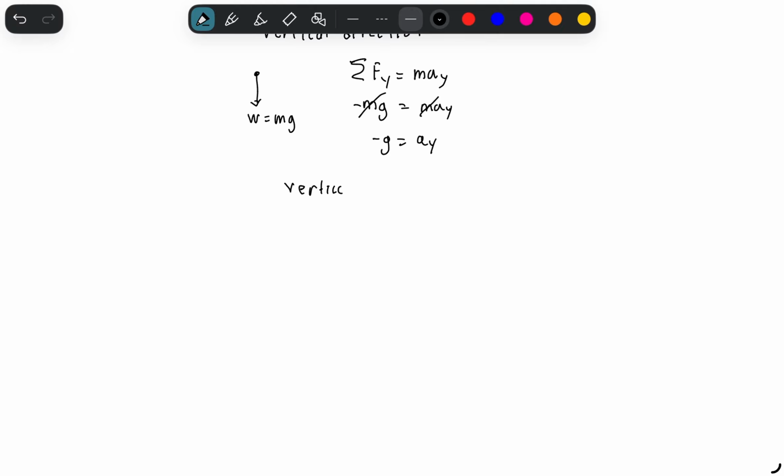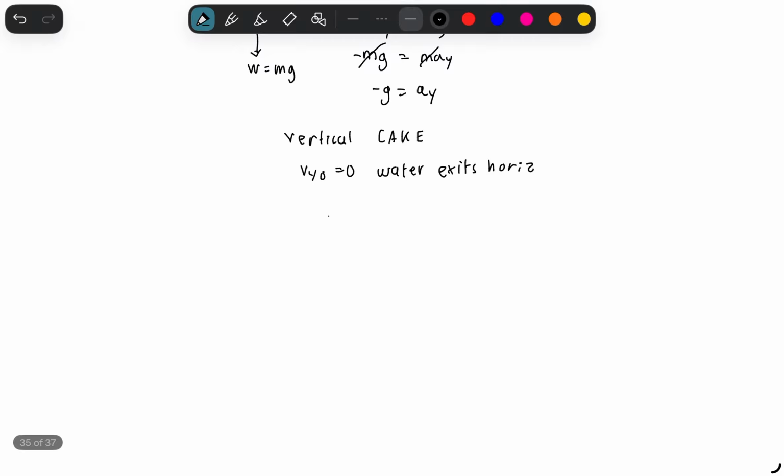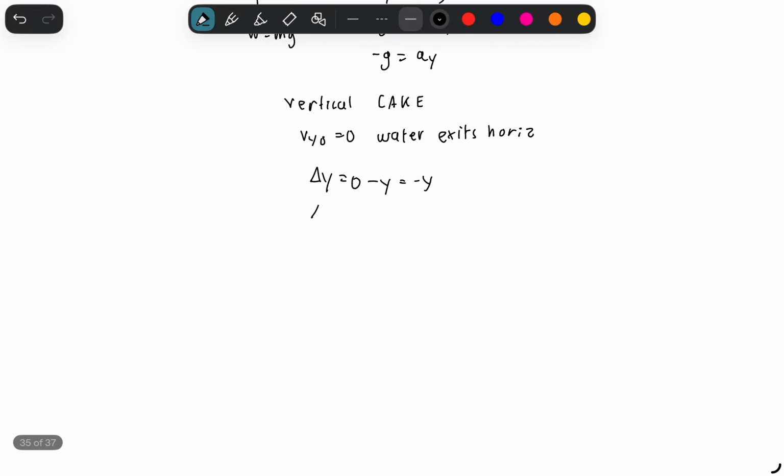So we're going to use vertical kinematics. We know Vy initial is 0 because the water exits horizontally. And we know that the vertical displacement from the ground is going to be 0 minus y. So we're going to use this equation. Then we substitute in.